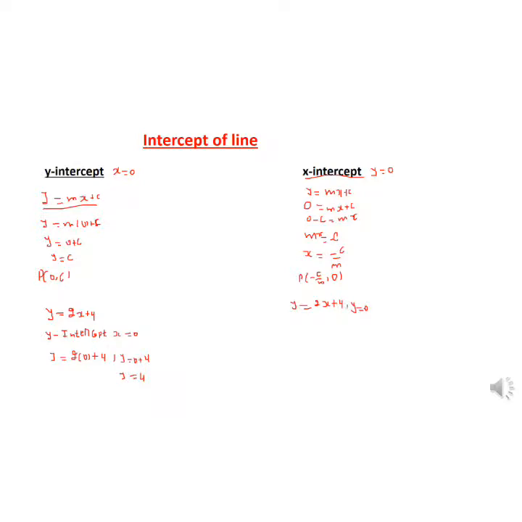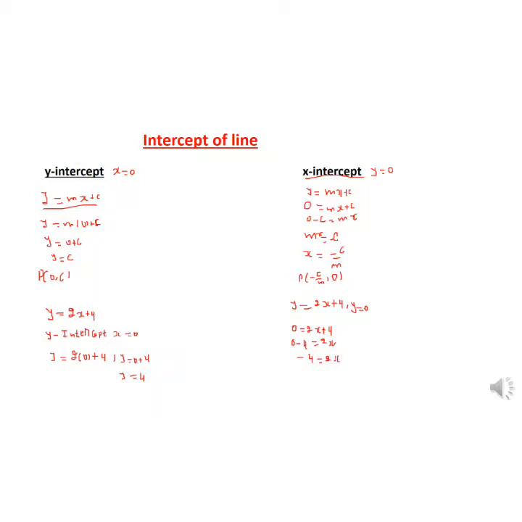So now the equation becomes 0 is equal to 2x plus 4. Collecting like terms, we get 0 minus 4 is equal to 2x. So 0 minus 4, we get minus 4 is equal to 2x.